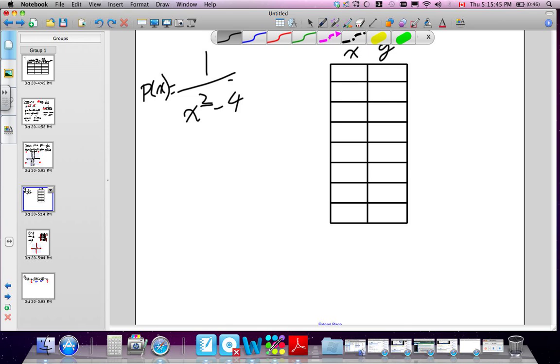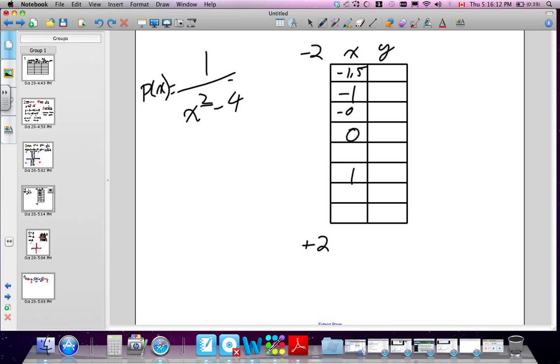Here we are. We knew that one of the asymptotes was at x = -2, and the other asymptote was at x = +2. So we're going to test the numbers in between. We could do just whole numbers, but that only gives us -1, 0, and 1.